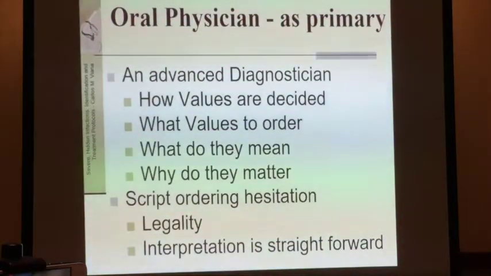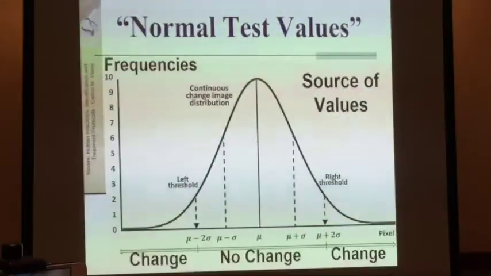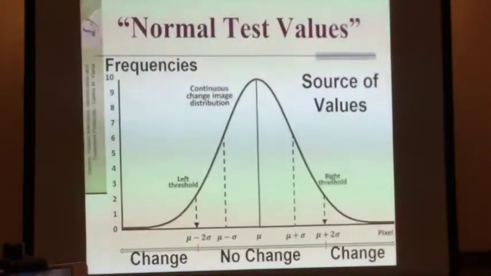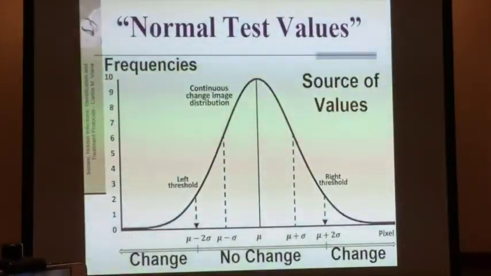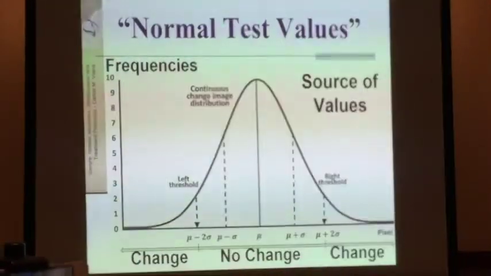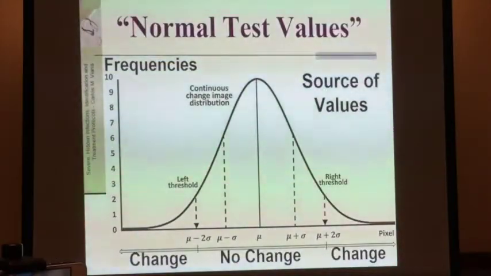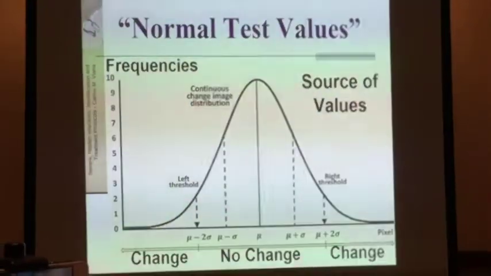One of the biggest problems that I have with blood testing, and when I teach blood, my hematology protocol to MDs, the first thing I do is I ask them where their values come from, and very few of them know that laboratory values come from the data of people going to the hospital for elective surgery.